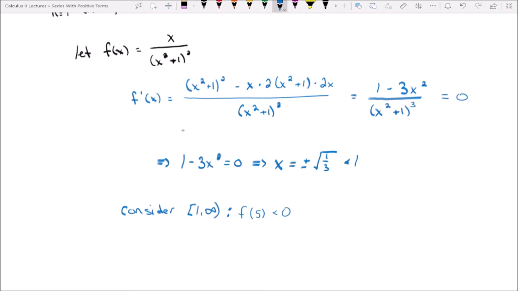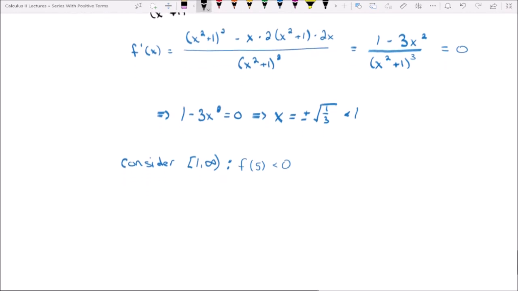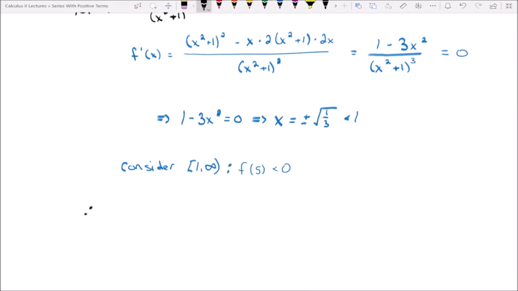We get f prime of 5, I'm sorry, is less than 0, which means that f itself is decreasing for x greater than or equal to 1.